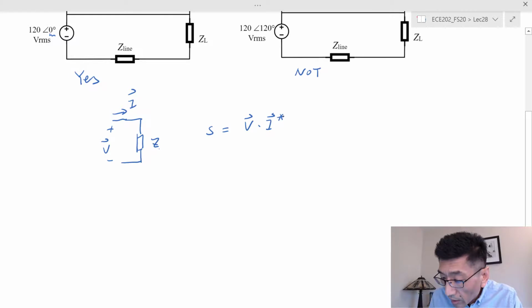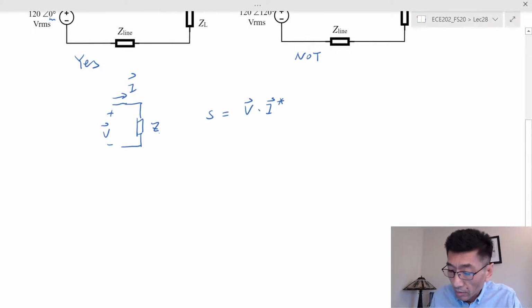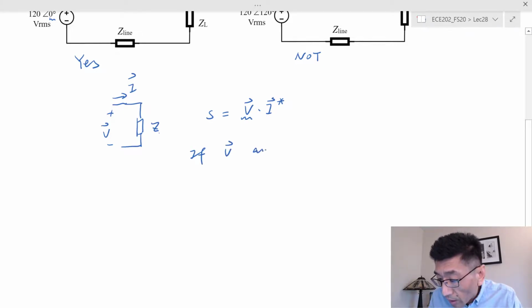Here, V and I are in RMS value, not in the peak value, right? So in this case, you know both the voltage and the current. But if you only know the voltage, you could find the current first, or you can go a step further and get the complex power directly, if V and Z are given.